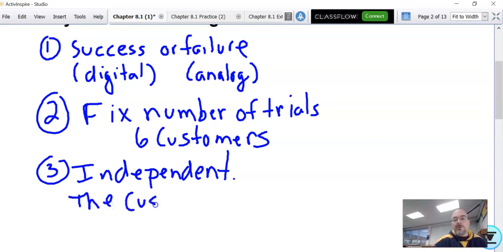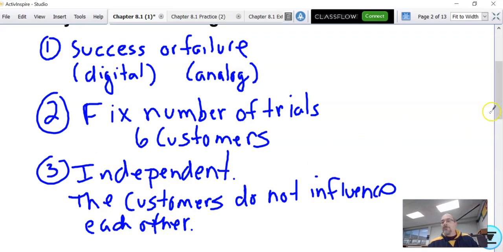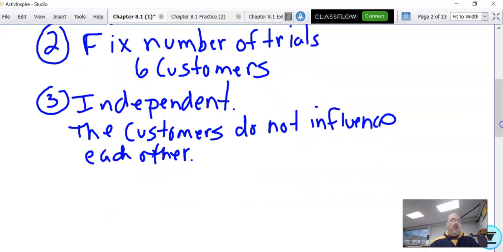The customers do not influence each other. All right. The fourth condition is the probability of success remains the same, which also in turn means the probability of failure remains the same.